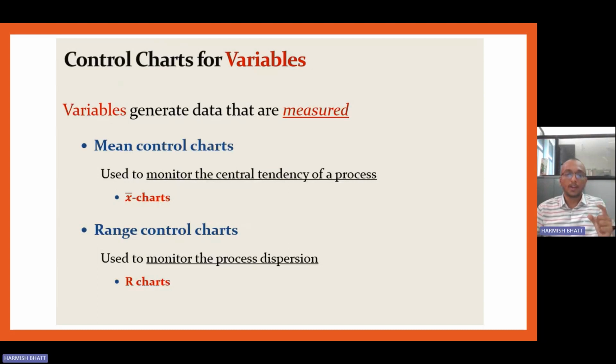So to identify the range for this particular sample, we will subtract the lowest value from the highest value. The highest value was 3, the lowest value of the parameter was 1. So 3 minus 1, that will be the range for sample 1.